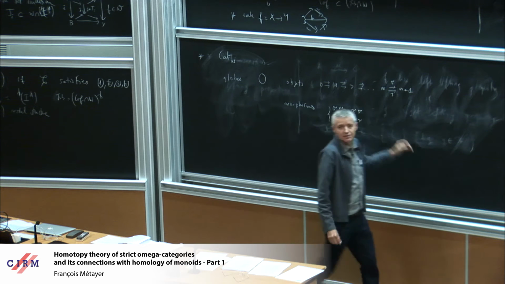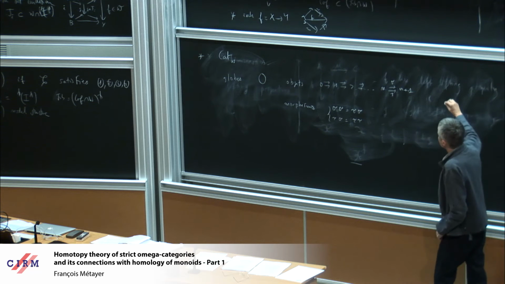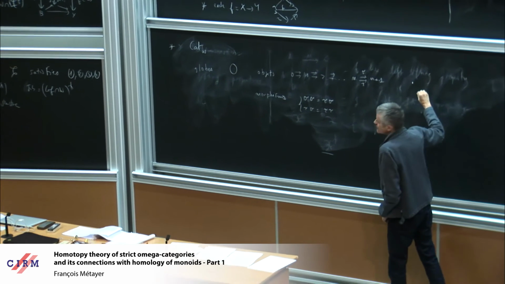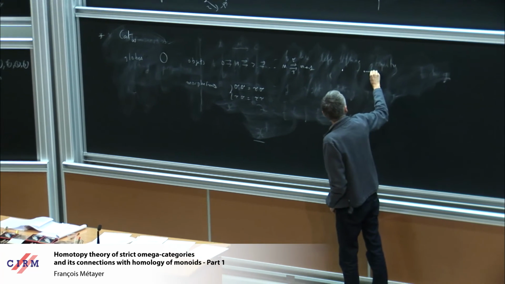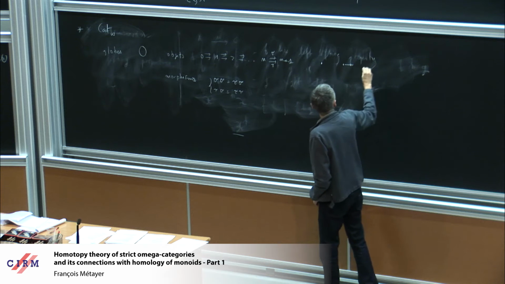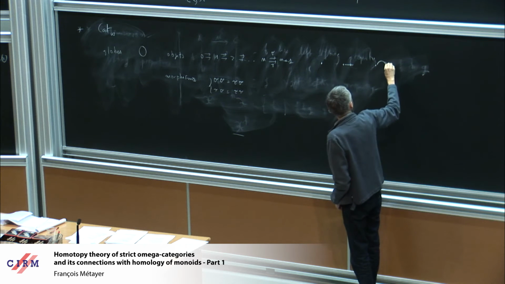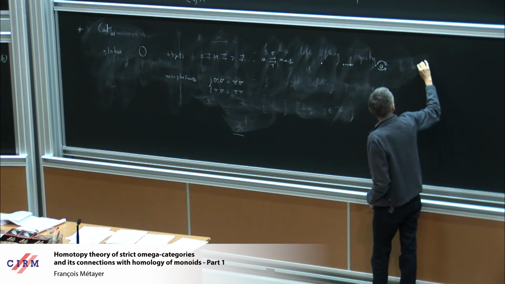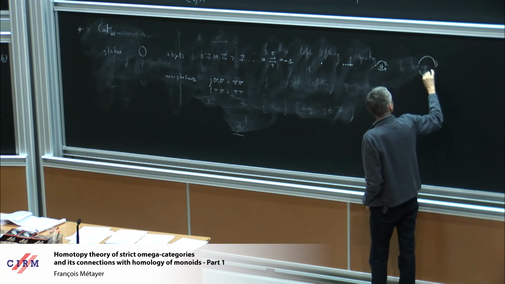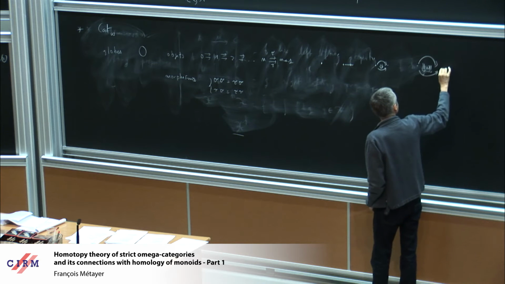Intuitively, these objects you can visualize as little pictures like this. 0 would be this, 1 this, 2, something like that, 3, something like that, and so forth.